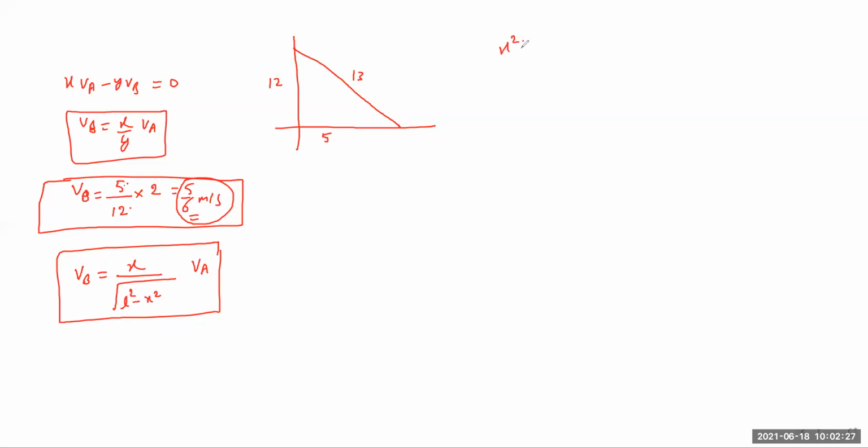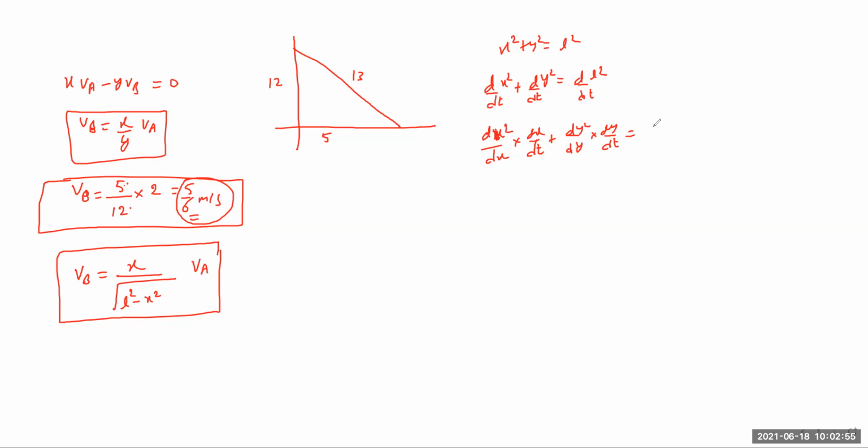Look at this. x square plus y square equals L square. So d by dt of x square plus d by dt of y square equals d by dt of L square. I cannot differentiate x square with respect to t directly, so I will write d(x square) by dx into dx by dt plus d(y square) by dy into dy by dt.